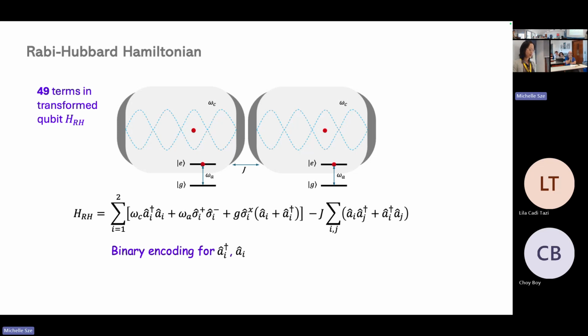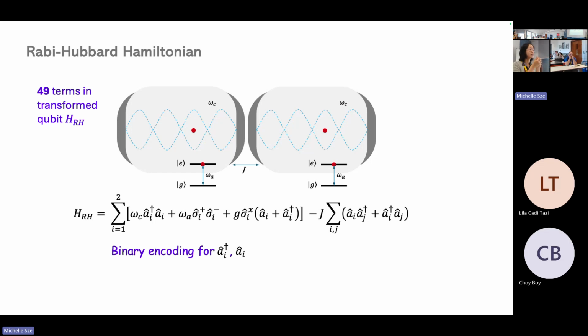Okay, so per cavity, I set it with at most 2 or 3 photons. That means it will make use of 2 qubits for the photonic component of the state. And then we also have the atomic component, which we consider as only a 2 level, so 1 qubit for that.